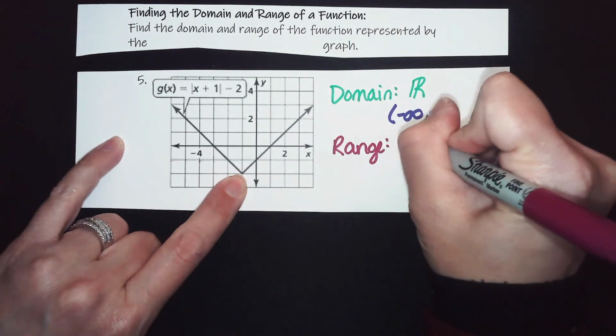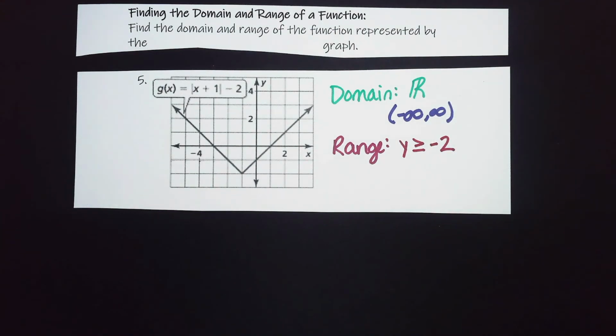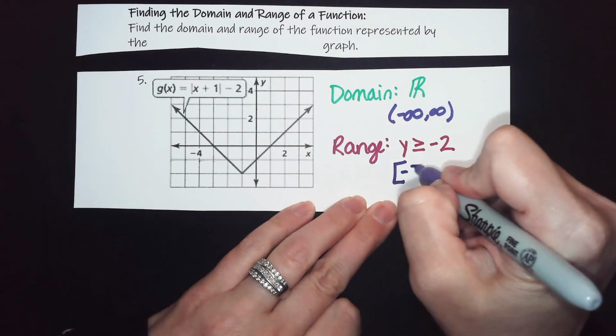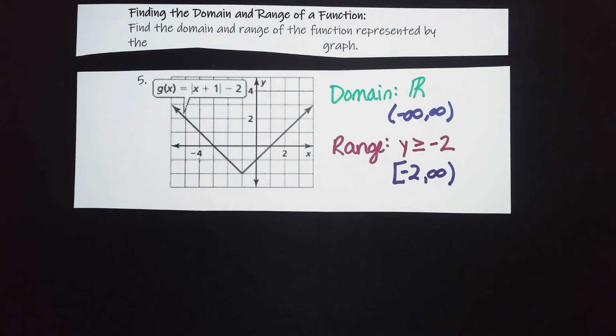So y is greater than or equal to -2, because y is bigger than it, and it does equal it. And then in interval notation, that would be -2 to infinity. If this would have been aimed down, it would have been -infinity to -2 as interval notation, and it would have been y is less than or equal to -2.